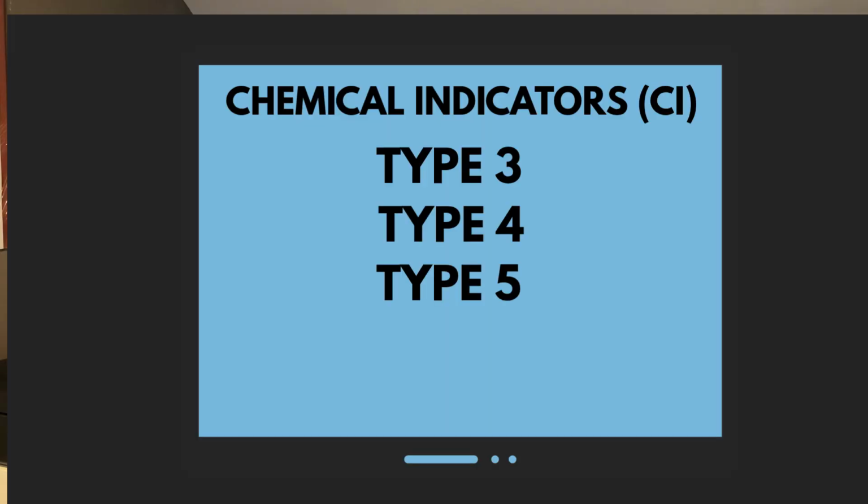So we're continuing with chemical indicators. Now we're going to be talking about internal chemical indicators, where we already spoke about type 1 and type 2 are external indicators. So types 3, 4, 5, and 6 are internal indicators.